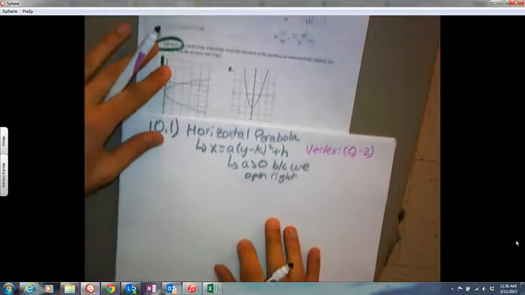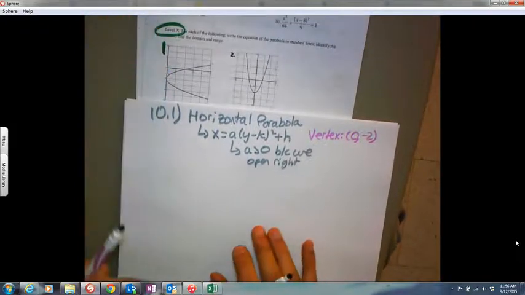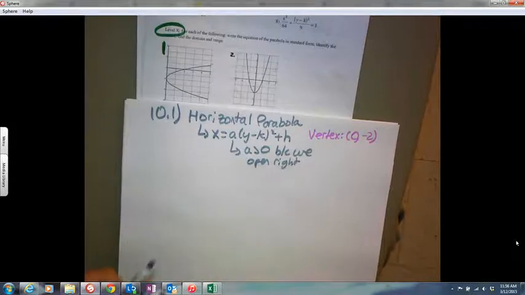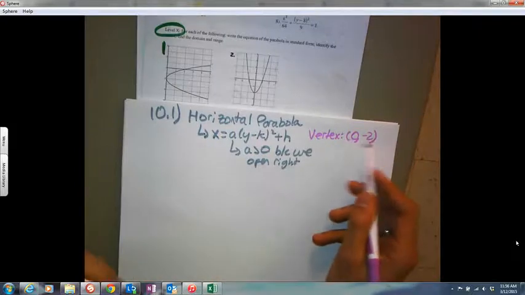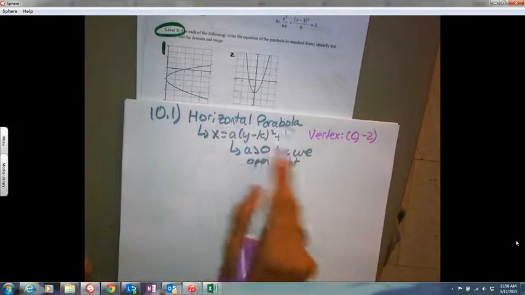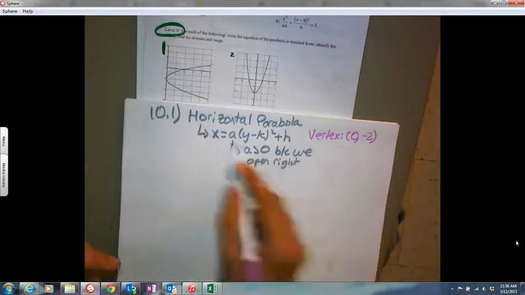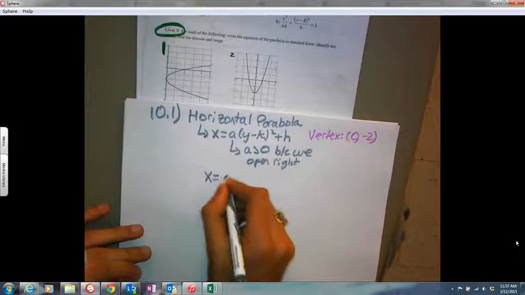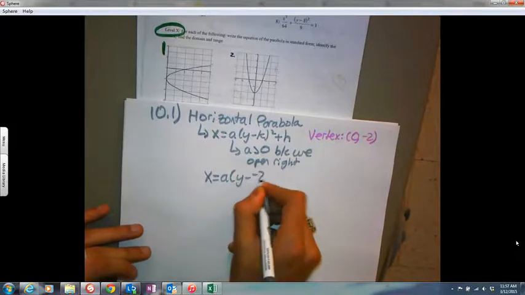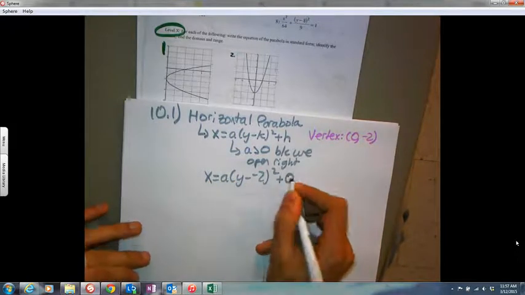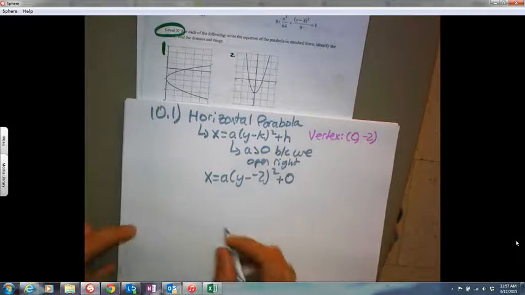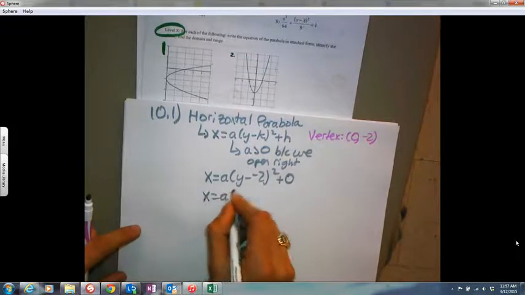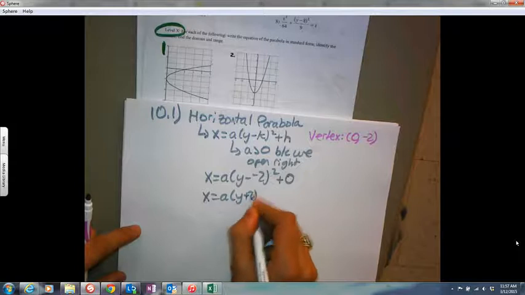So now we can start by plugging the vertex into this equation. Clean it up a little bit. And this is what we've got so far.